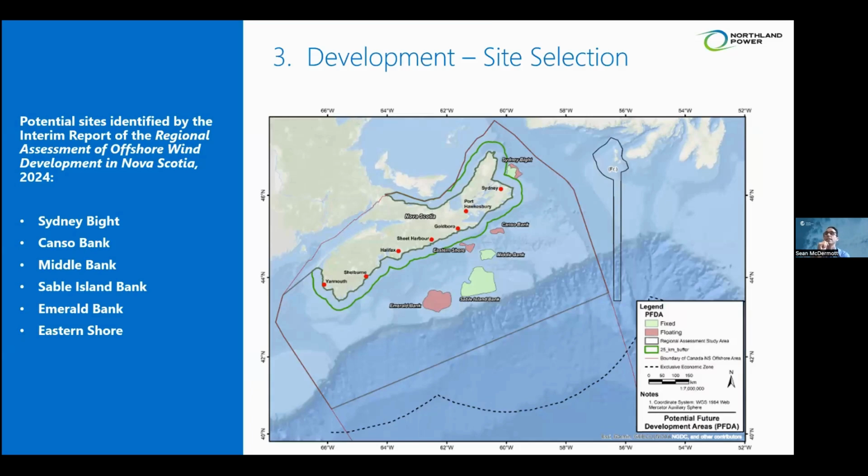Nonetheless, it creates a sense of where projects might be. They're located in these areas for a combination of proximity to grid, proximity to ports, avoidance of icebergs, and excellent wind.